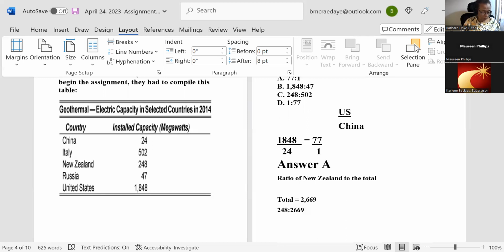Let's see. If we simplify that, what would it be? 2,669 divided by 248. What do you get?